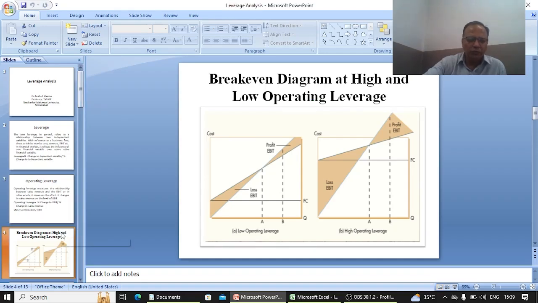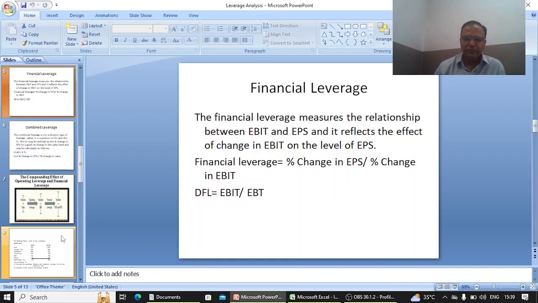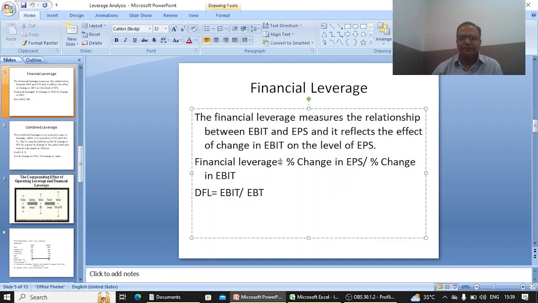Now let's move to another slide. This is financial leverage. As we have discussed, leverage is simply a relationship between two variables. So financial leverage is the relationship between EBIT and EPS.